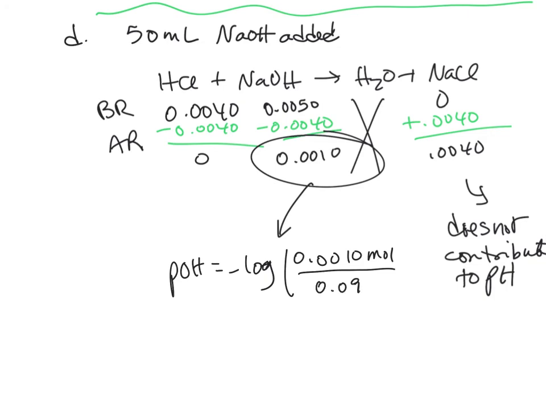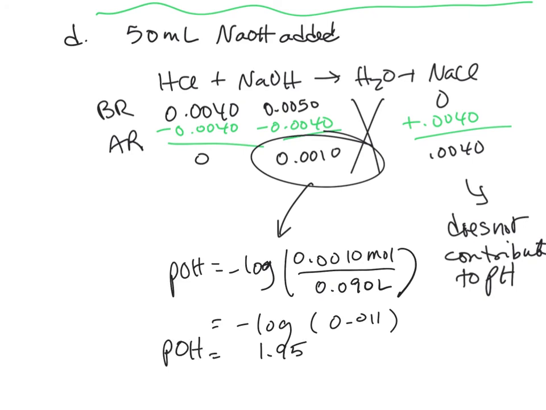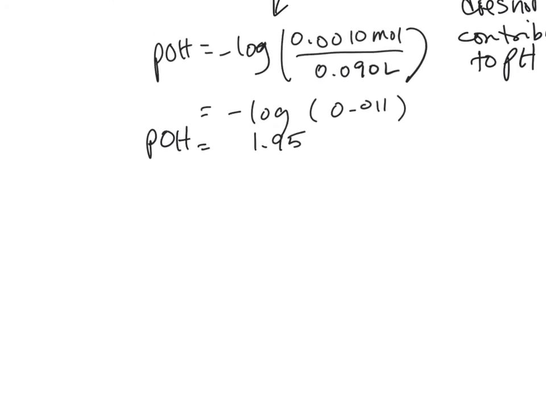The total volume is 90 milliliters or 0.09 liters. And calculate that too. 0.001 divided by 0.09. So that is the negative log of 0.011. And that is equal to 1.95. So the pOH equals 1.95. And now we can get the pH, 14 minus 1.95. And this is going to be equal to 12.05.